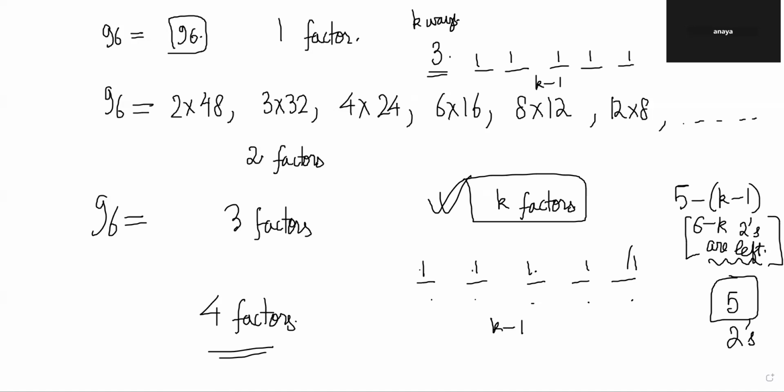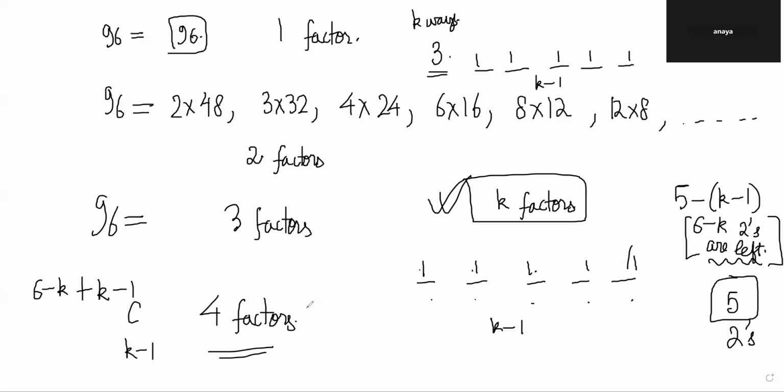Now these 6 minus k factors of 2 are to be assigned to the remaining k minus 1 boxes, and this is directly stars and bars: n plus r minus 1 choose r minus 1, so (6 minus k) plus (k minus 1) choose (k minus 1). Yes.